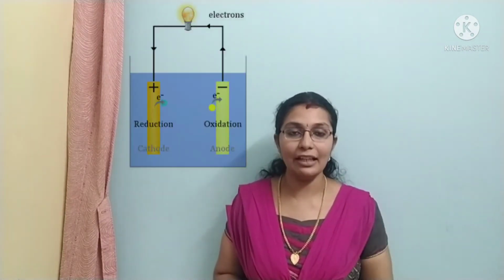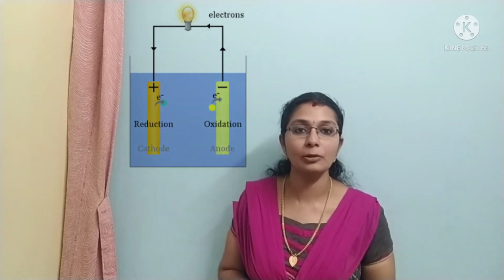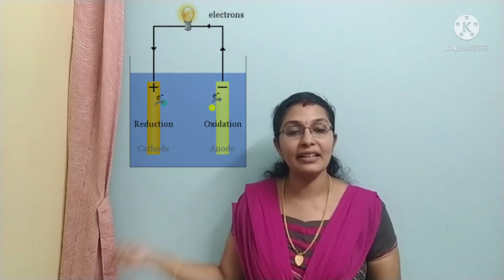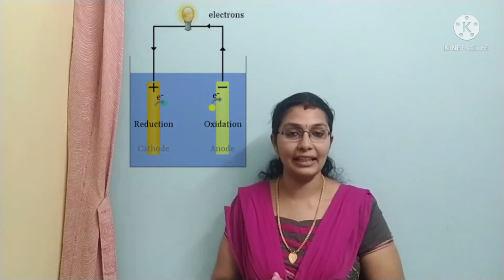Clear? Here it is an oxidation process because it is losing electrons, and there is a reduction process because it is gaining electrons. Now this process continues, and after a long time you could find that all the negative charges at the anode are over along with the positive charges at the cathode. So the life of a battery comes to an end. So this is how the electricity is provided by a battery to glow a bulb inside a torch.